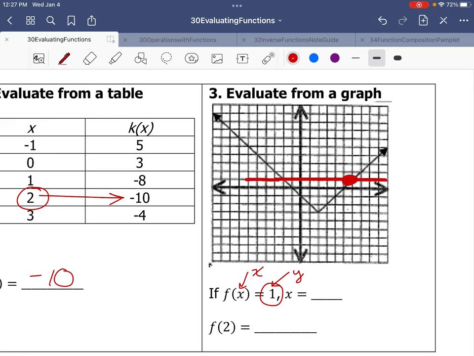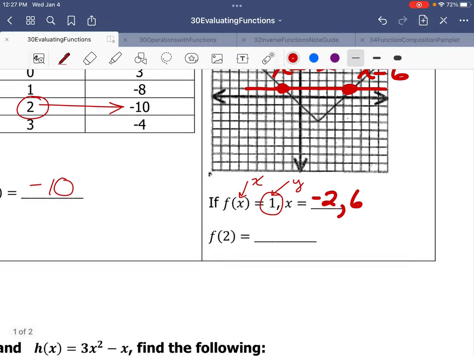But specifically, that only happens at these 2 points, these 2 places where x equals -2 and where x equals 6. So for this particular problem, I'm actually being asked to find the x values. And so x equals -2 and 6.